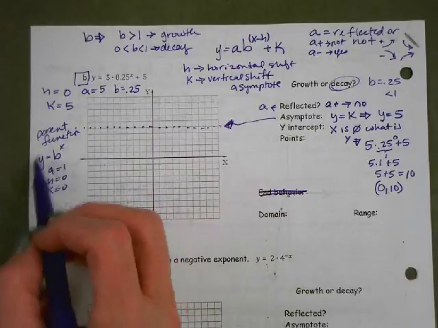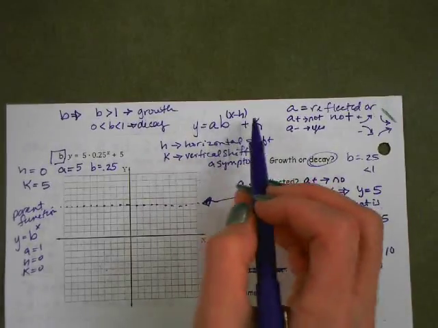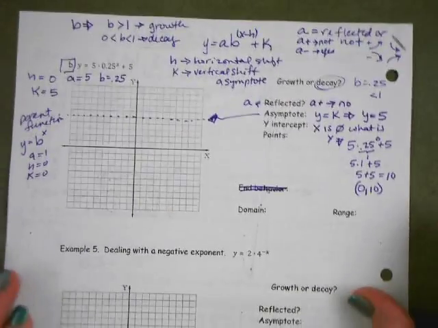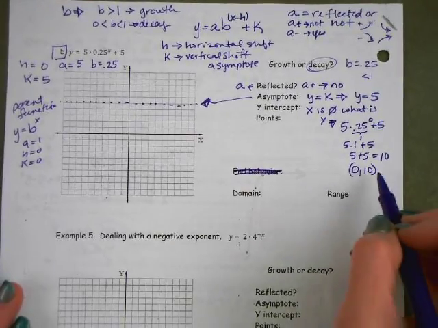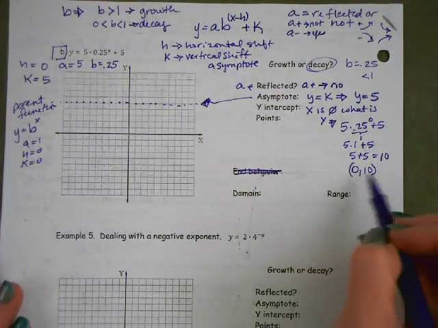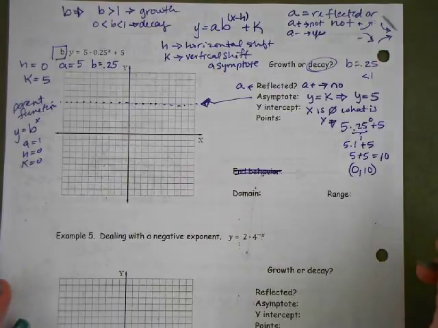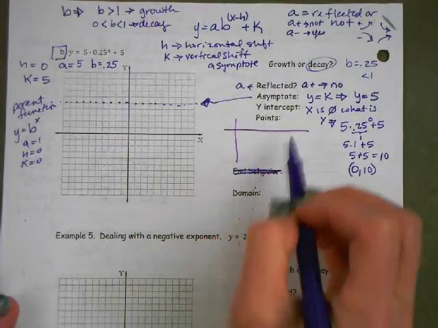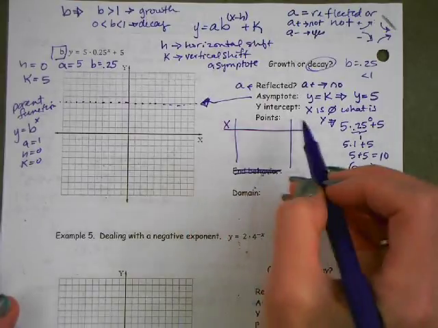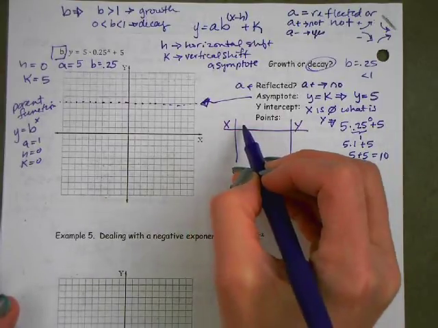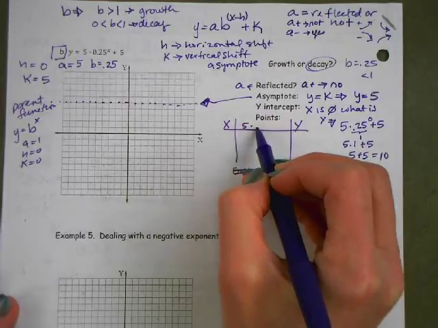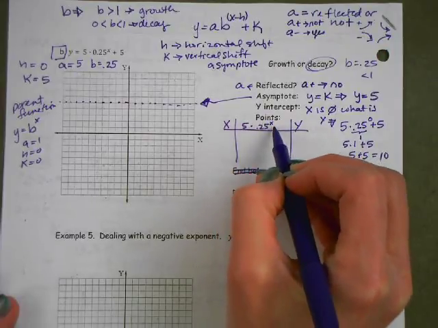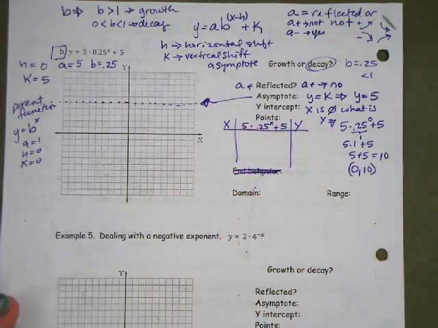A in the standard form is without the H and K, when H and K are 0. So if there's any H or K, then it's not A. Alright, so then we want to do points. I'm just going to spread it out because it's kind of a bigger equation. That's going to be 5 times 0.25 to the x plus 5.